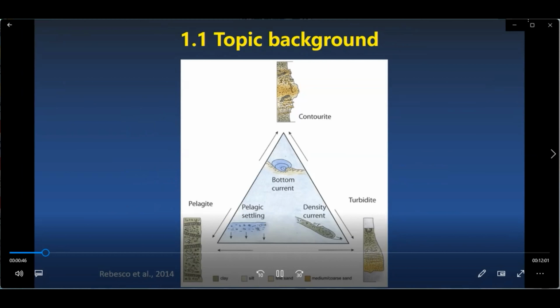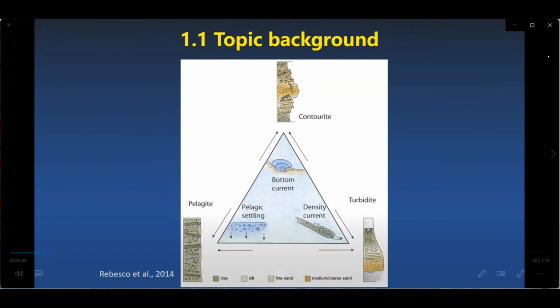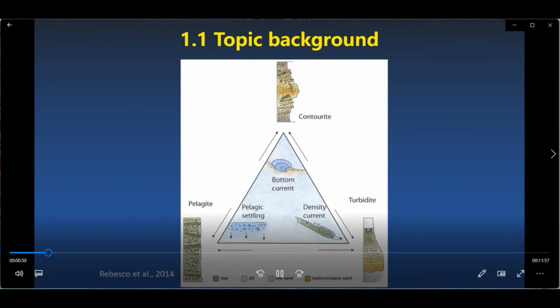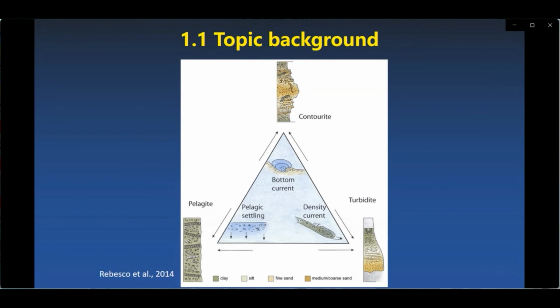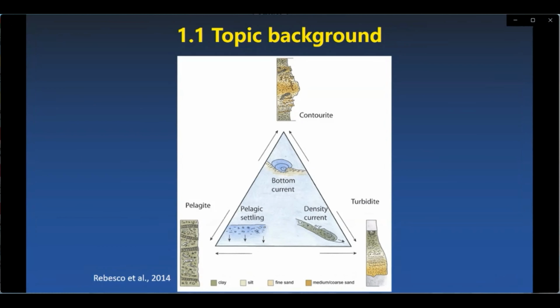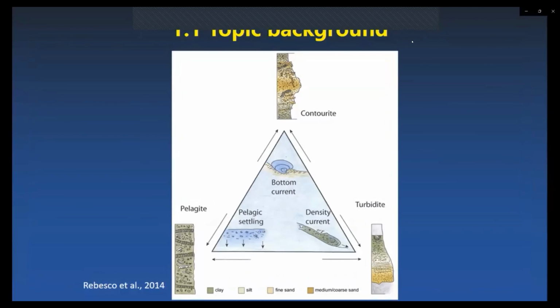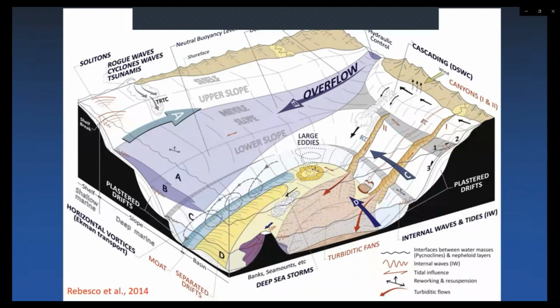As we know, in the deep sea setting, there are three types of deposits: turbidite, contourite, and pelagite. Turbidite is related to turbidity currents, contourite is formed by bottom currents, and pelagite is from the pelagic setting. Here is a brief model for the sedimentary processes.